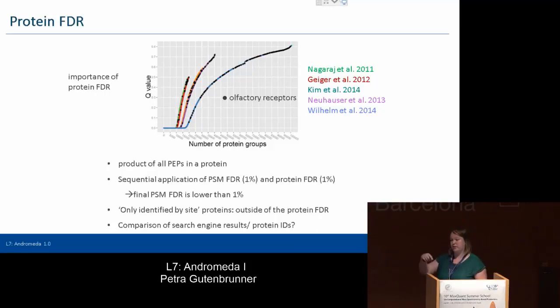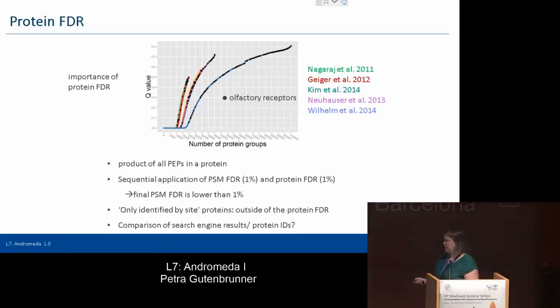Then when you apply the protein FDR on top of that, some proteins are filtered out, but also the PSMs that are grouped to them, even though they made it through the 1% PSM FDR. So in the end, applying the protein FDR on top, you get not as many PSMs anymore as when you only apply the PSM FDR.